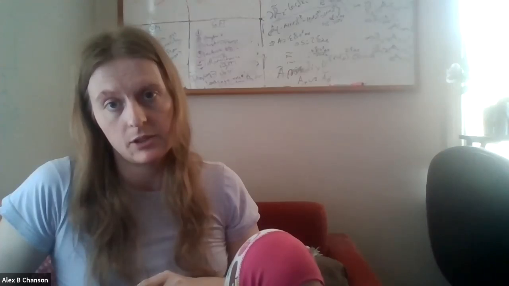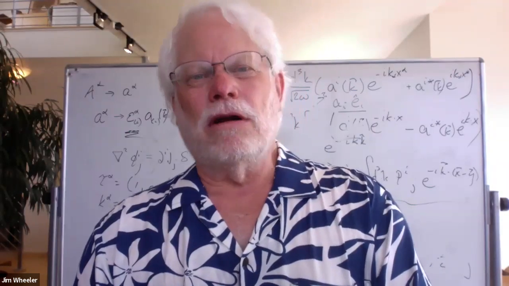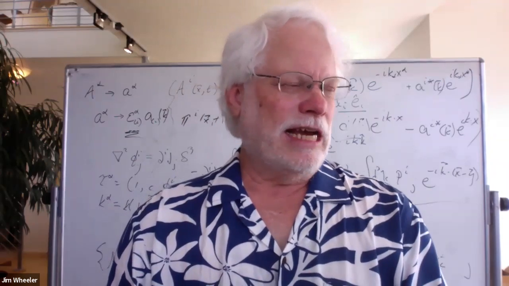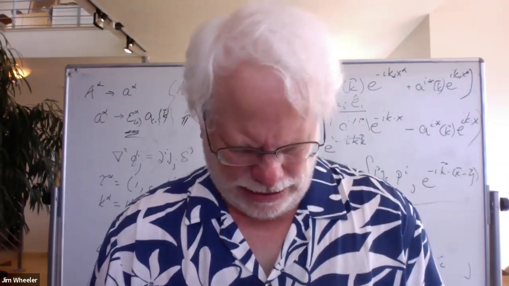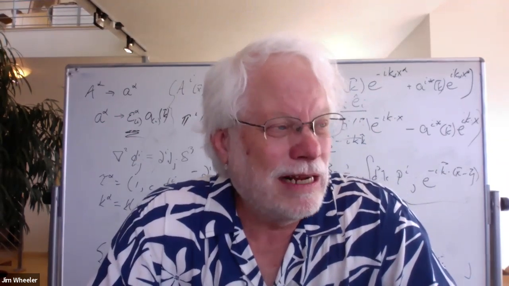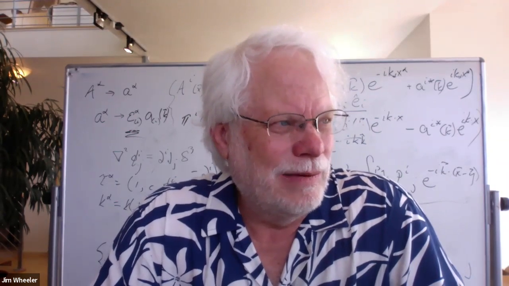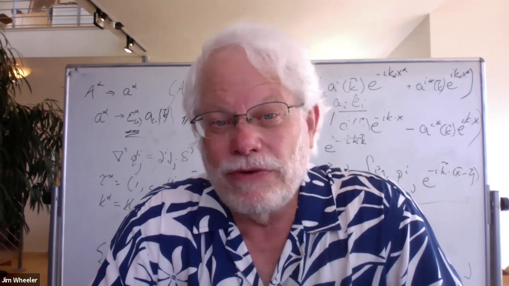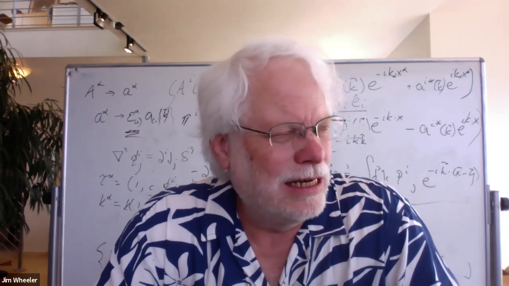Does it work in other gauges, or does it work at all? There are other things we could do in other gauges. Let's see. Yeah, I don't know a lot of other gauges. You know, the Lorentz gauge condition only gets you halfway there, and we've already used that.